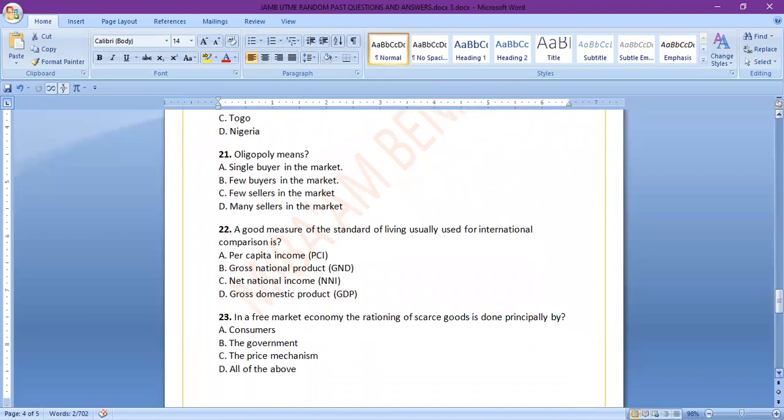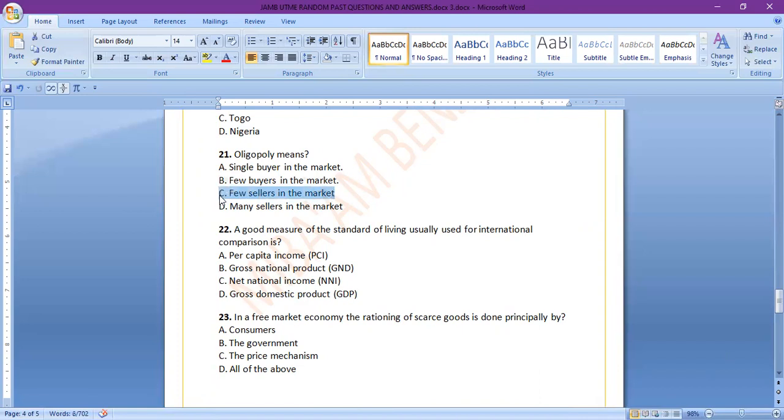21, oligopoly means A, a single buyer in the market. B, few buyers in the market. C, few sellers in the market. D, many sellers in the market. The answer to this is few sellers in the market, because we're talking of oligopoly.